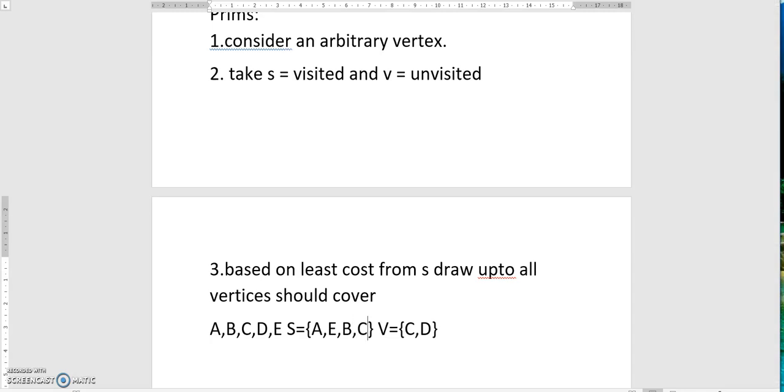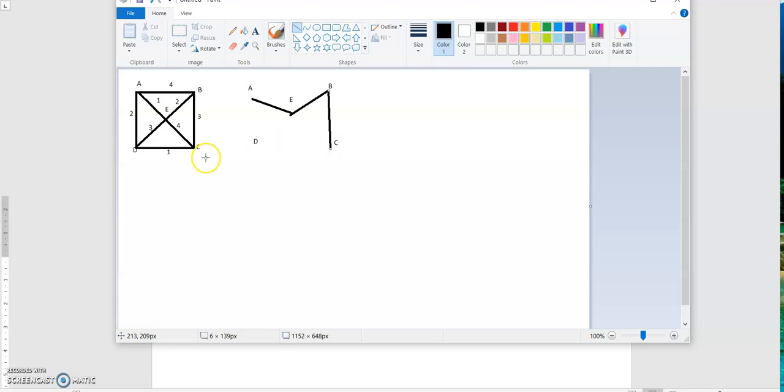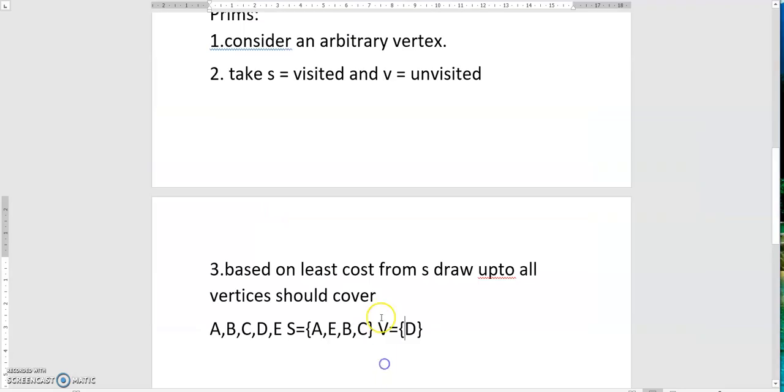Now we need to check from C. C is connected to D and E, and B is visited. So we connect C to D because it has low cost. No unvisited vertices remain. That means all vertices are visited.